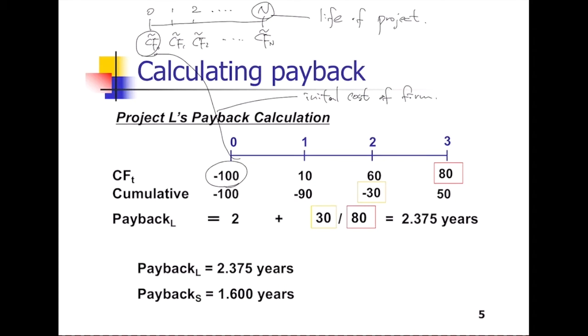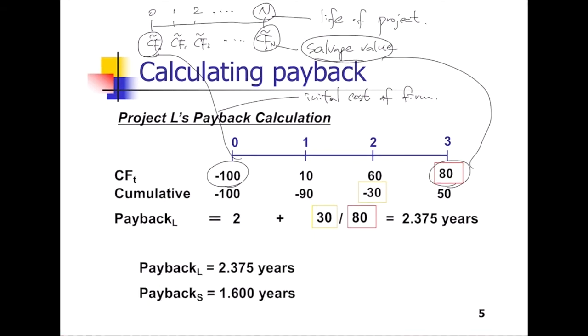At the end of the project, the firm sells the fixed asset, which is called salvage value. Salvage value, in Korean 잔존가치, means that the fixed asset can still have some value at the end, so it is a positive number.